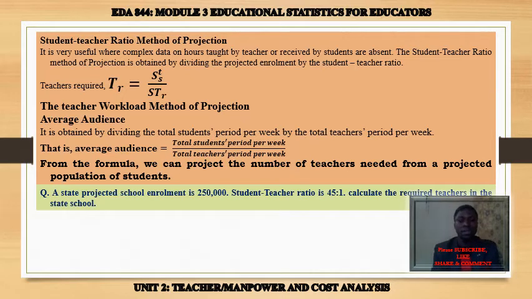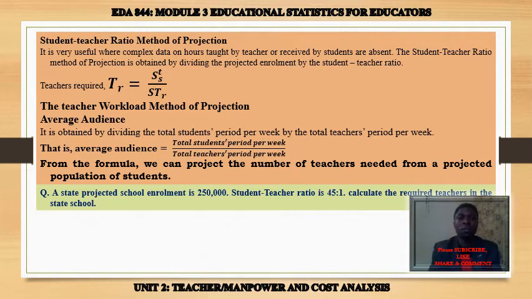Now, let's attempt the question we raised earlier. A state projected school enrollment is 250,000. Student teacher ratio is 45 to 1, that is 45 ratio 1. Calculate the required teachers in the state school.